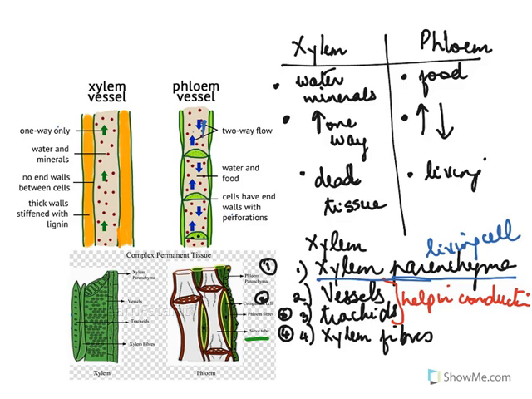They're all living cells, except the phloem fibers, which are dead cells. So that was the structure of the xylem and the phloem.